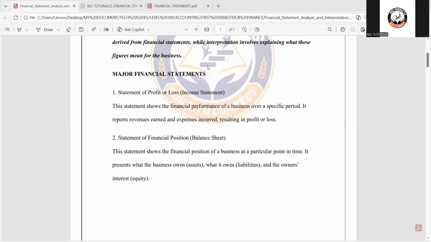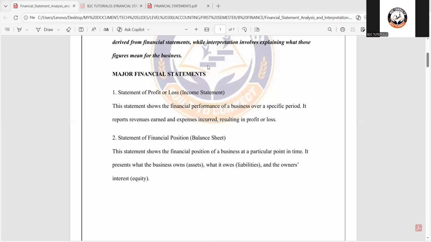The owner's interest, what the owners have contributed, is called equity. So there are three major headings in the financial position: assets, liabilities, and equity.